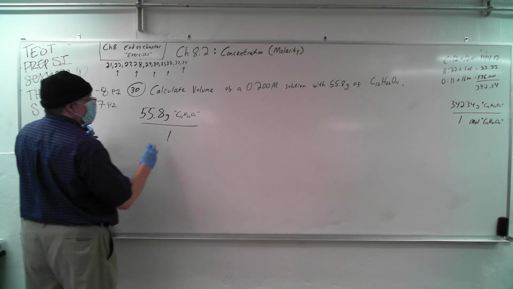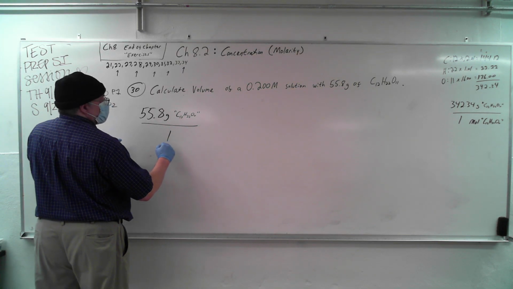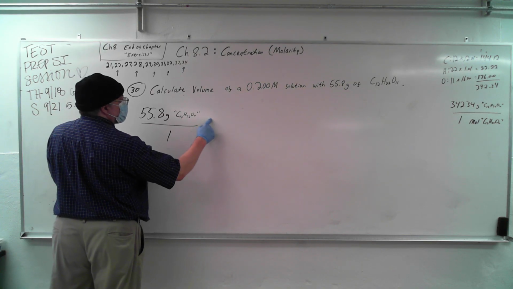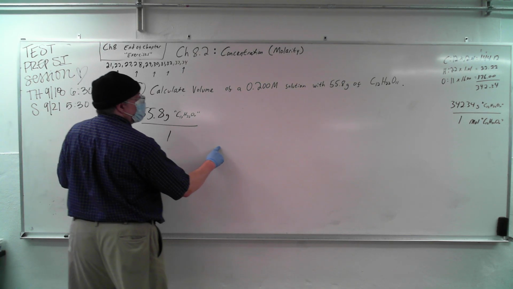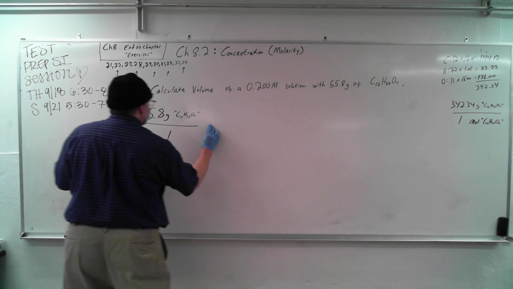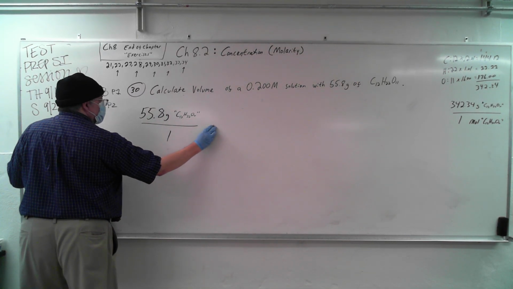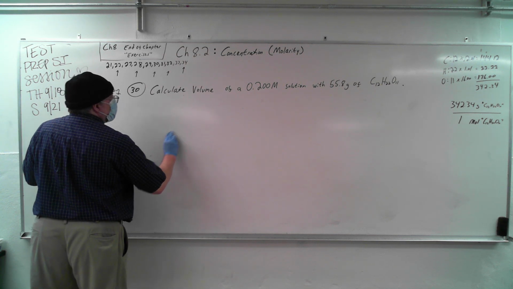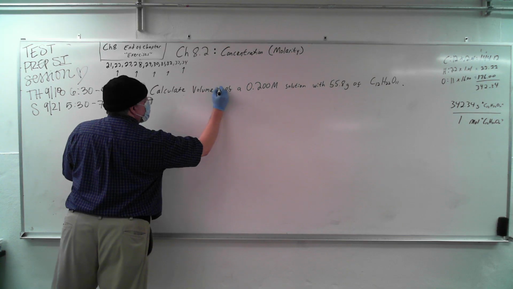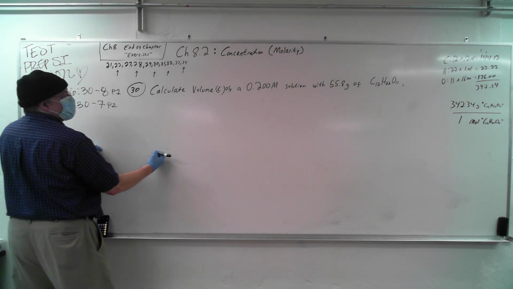To find the volume, moles on bottom. All right. Let me start like this. We're trying to find a volume, and I'll say liters, and everything else needs to cancel.